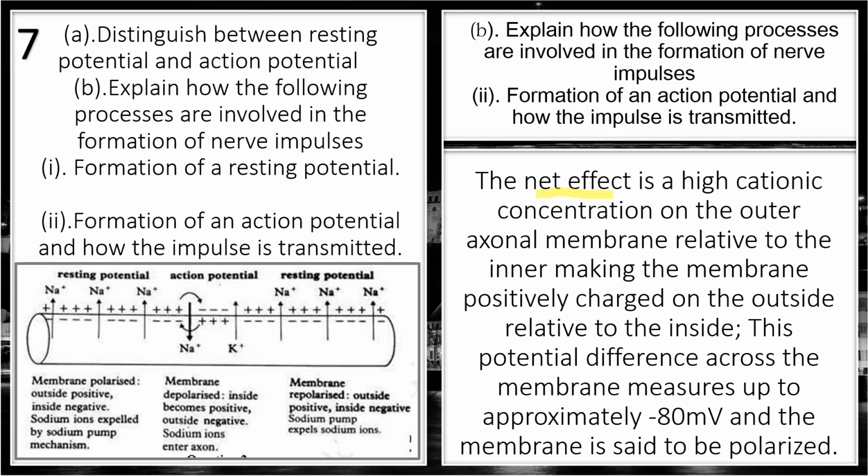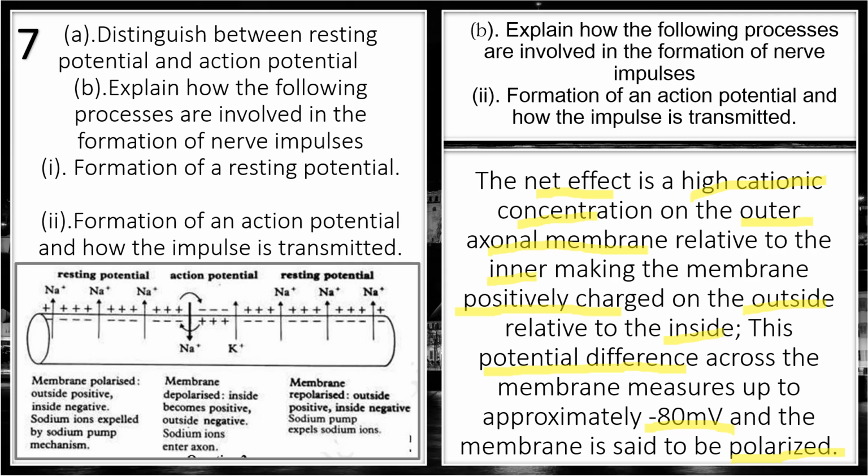The net effect is a high cationic concentration on the outer axon membrane relative to the inner, making the membrane positively charged on the outside relative to the inside. This potential difference across the membrane measures up to approximately negative 80 millivolts, and the membrane is said to be polarized.